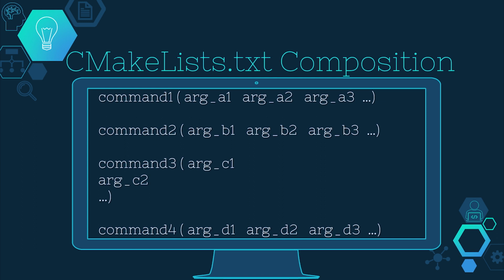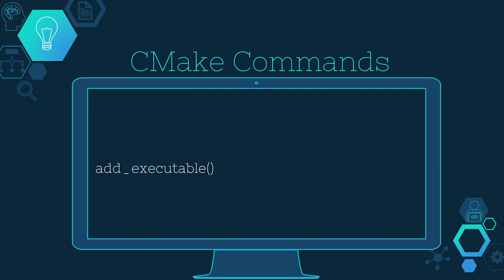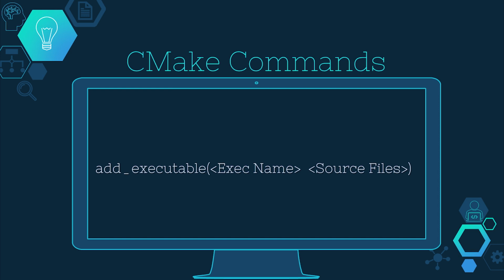The first command we will learn is add_executable. This command is used when we want an executable file at the end of the build process. For successful execution of this command, we need to provide the names of the final executable and the source files required to build that executable.